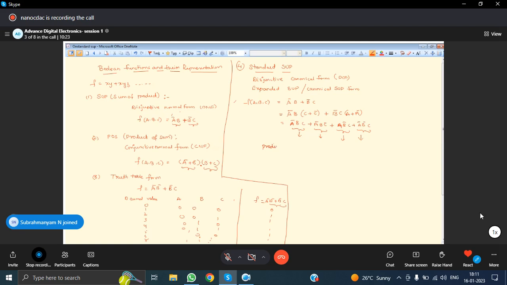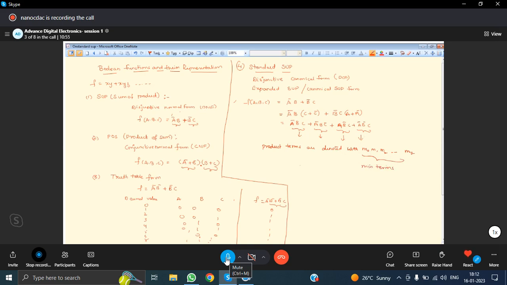These product terms are called minterms. These product terms are denoted with M0, M1, M2, till M7, whatever it may be. They are denoted with small m suffix 0, 1 like that. And these are called minterms.